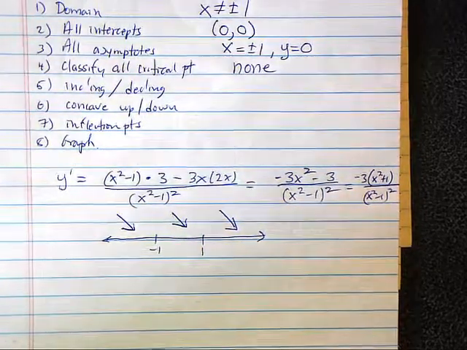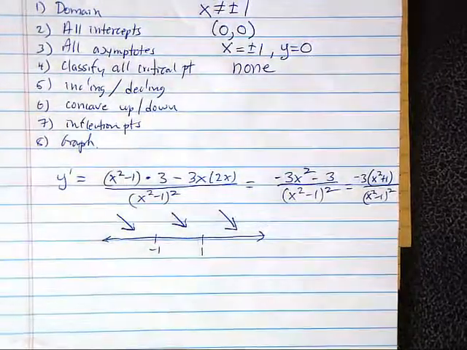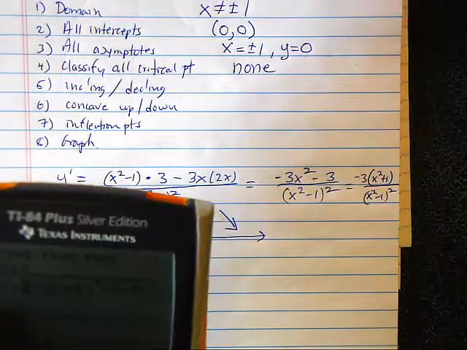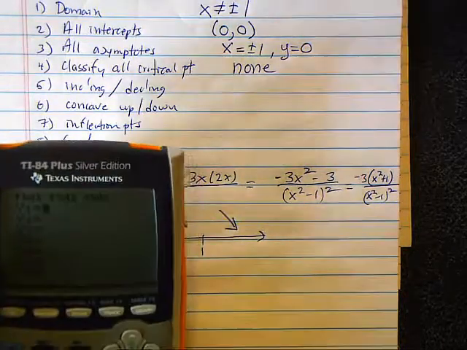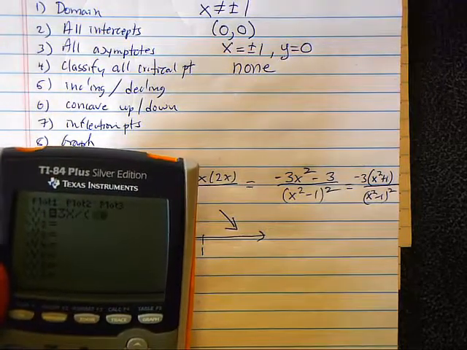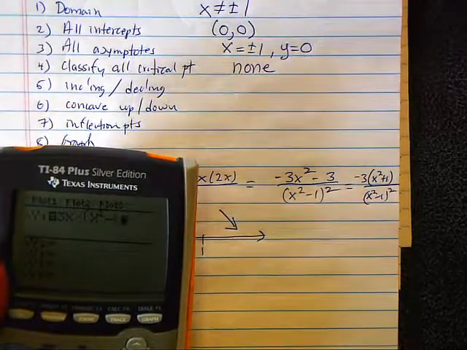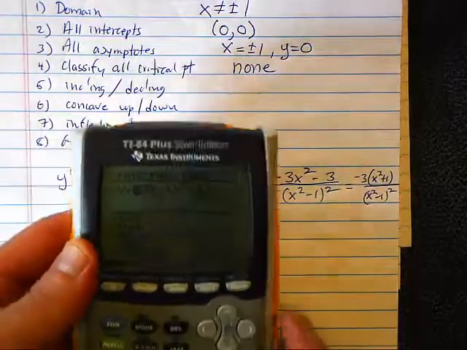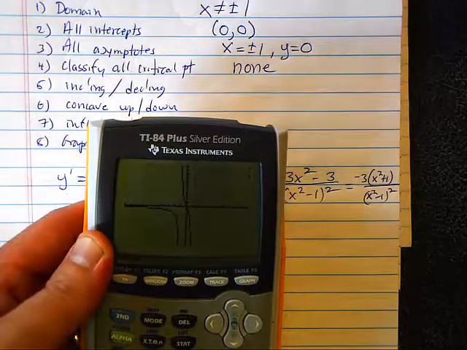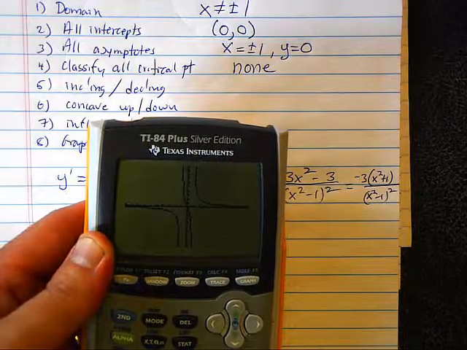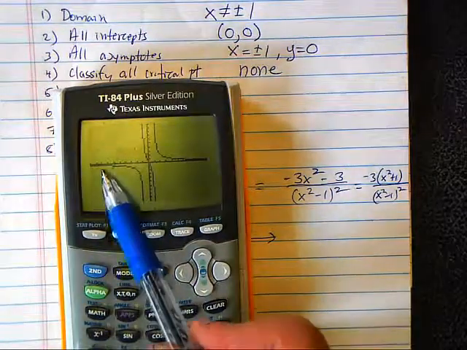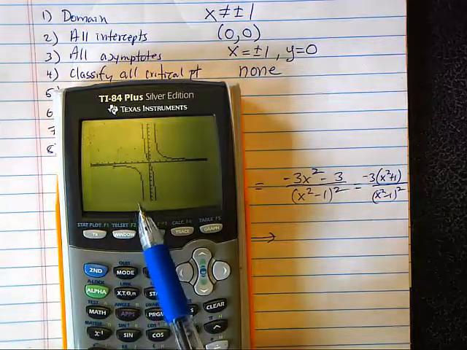Except at the asymptotes. So let's just, at this point, draw a graph of this function, 3x divided by x squared minus 1, and see if we think we're on the right track or see if we think we're nuts here. I look at it and I see over here the function is decreasing.